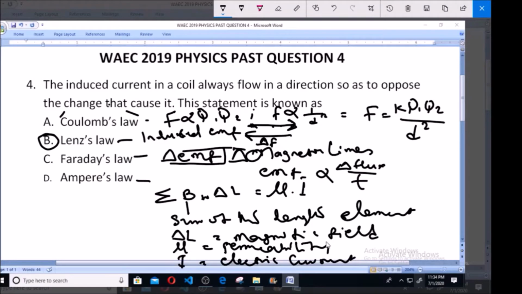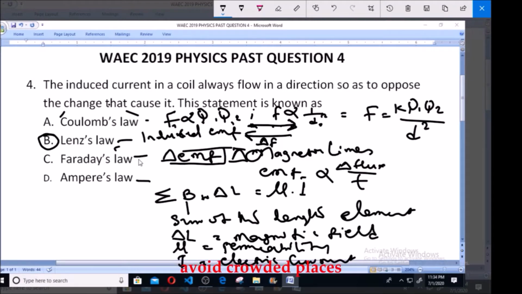So those are the various statements of the various laws. When we are talking about Coulomb's law, we're talking about the relationship between the electrical force and the charges producing them, as well as the distance between them. When you're talking about Lenz's law, you talk about the induced EMF or induced current in the coil always flowing in a direction so as to oppose the change producing it.